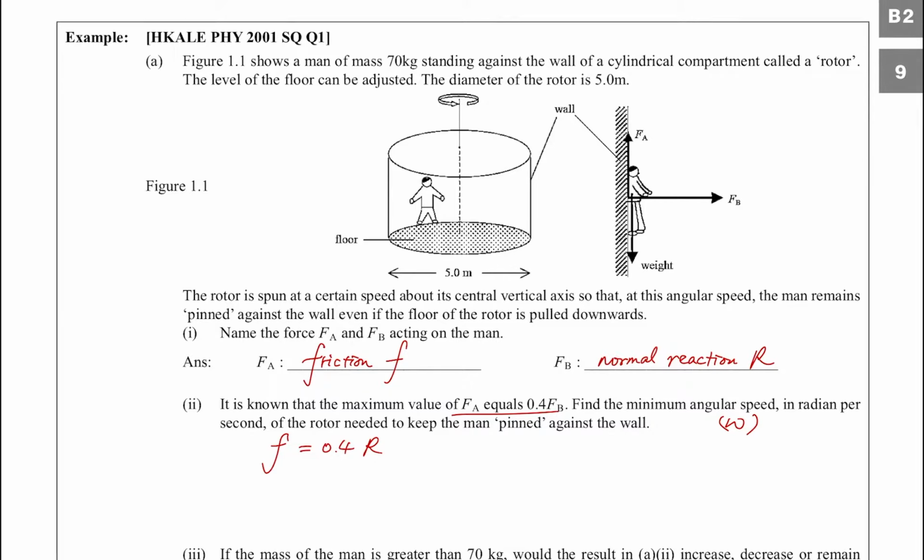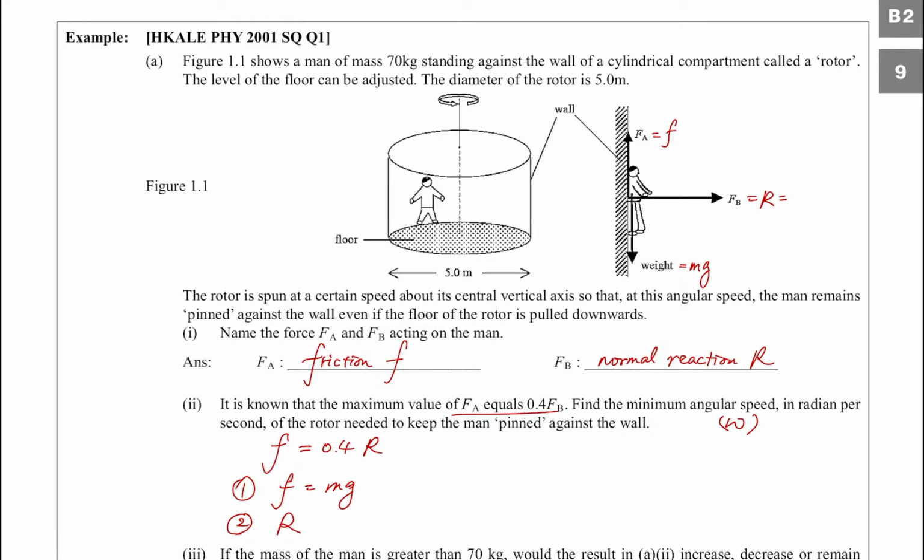Now, there are two equations governing the balance of force. Firstly, we know that the frictional force has to balance mg. Upward force equals downward force for the man to be pinned to the wall.